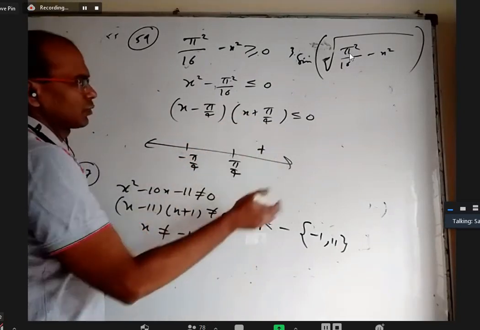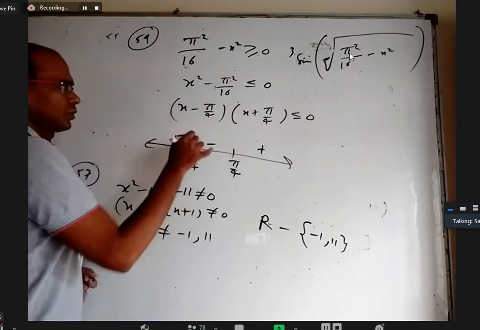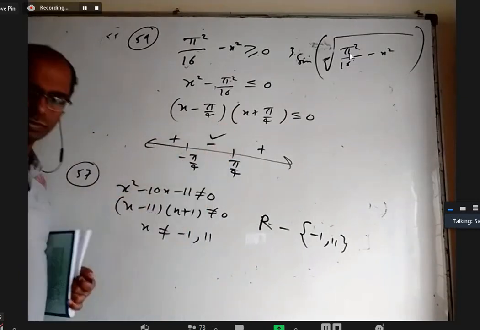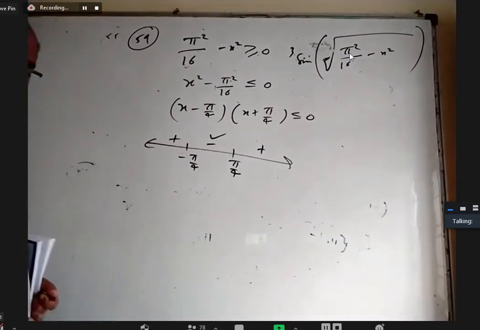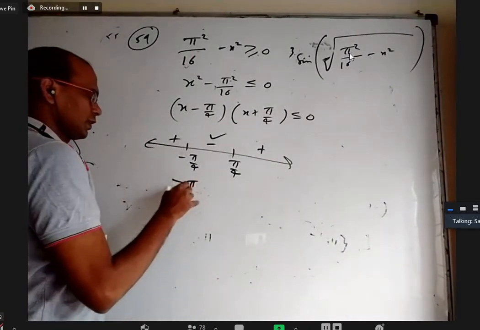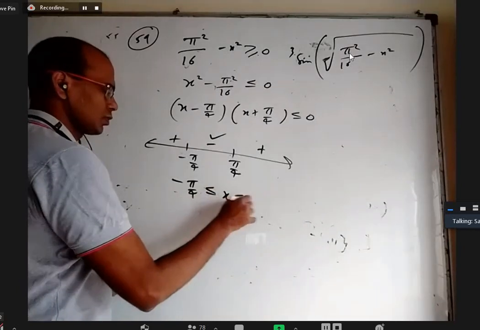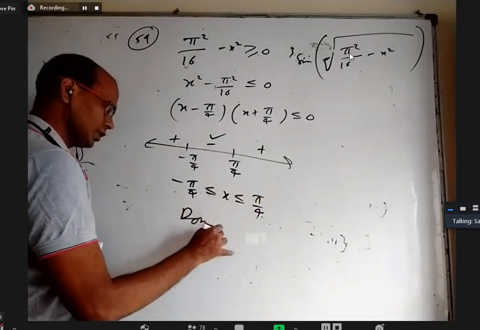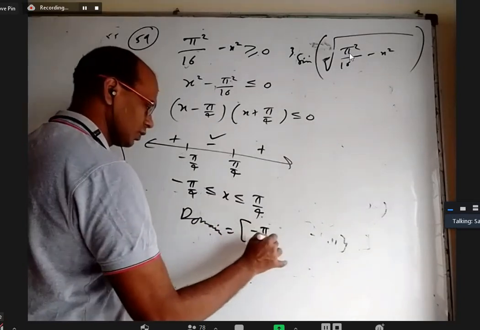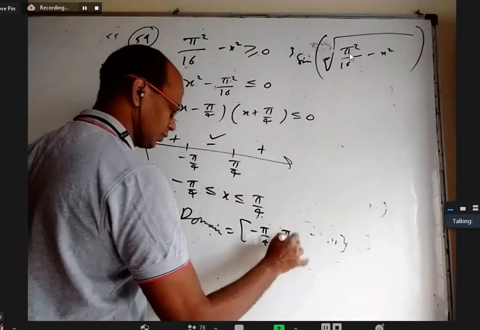As usual, if you take more than pi by 4, everything is positive, negative, positive. You want less than or equal to 0 in this region. So we'll get minus pi by 4 less than or equal to x less than or equal to pi by 4, where the domain is the closed interval minus pi by 4 to pi by 4.